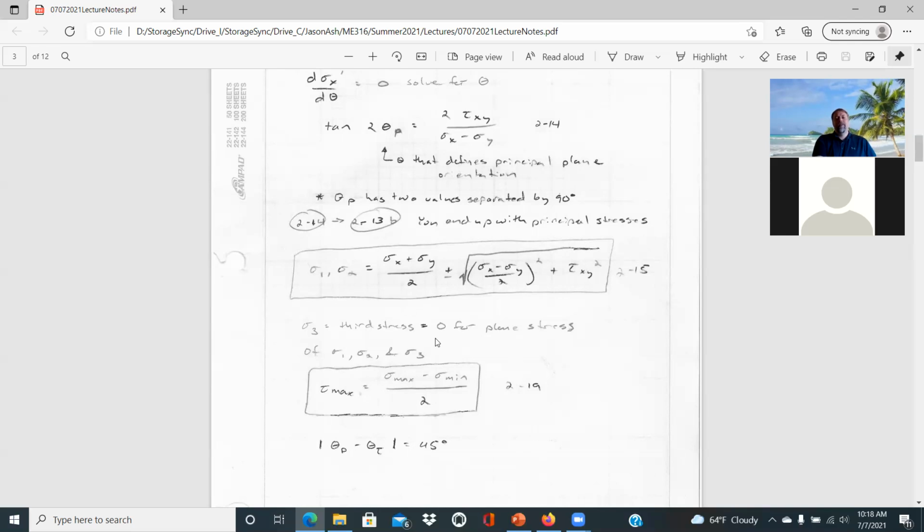And so that's what's going to be important, the 15 megapascals and the 0 megapascals, in terms of figuring out what tau max is. And so that's why you need to keep track of that third principal stress always, because it can have an impact on your overall maximum shear stress. And then there is a 45-degree difference between the principal stress plane and the shear stress plane.